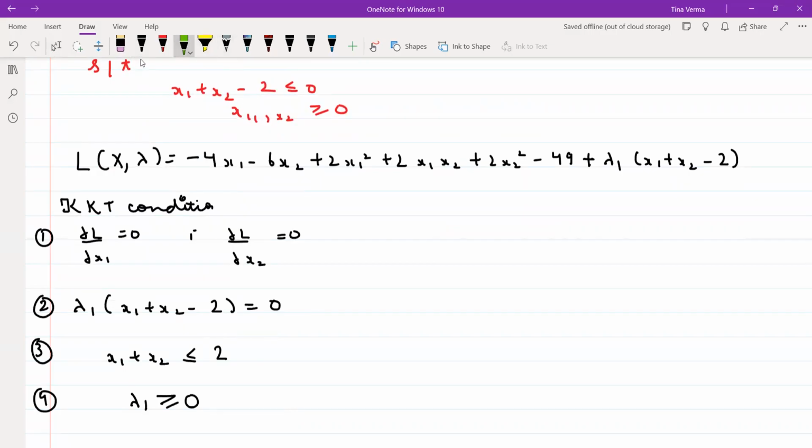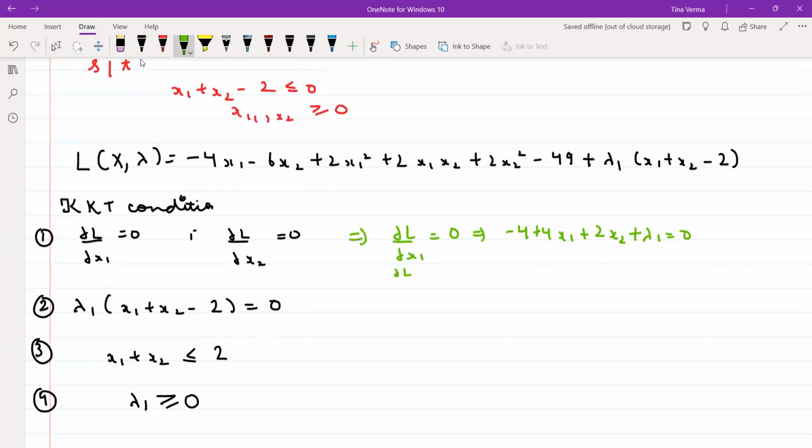From this, curl L by curl x1 equal to 0 implies minus 4 plus 4x1 plus 2x2 plus lambda 1 equal to 0.